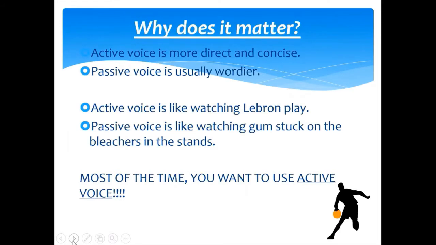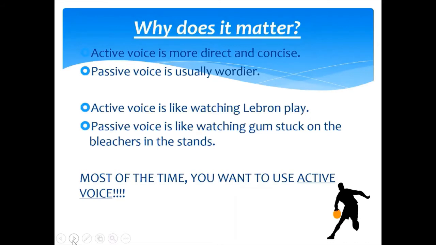For example, here it says active voice is more direct and concise. When you write in active voice, it says exactly what you want to say in short words, using fewer words. Passive voice is usually wordier. For example, the ball was thrown by Mohammed.